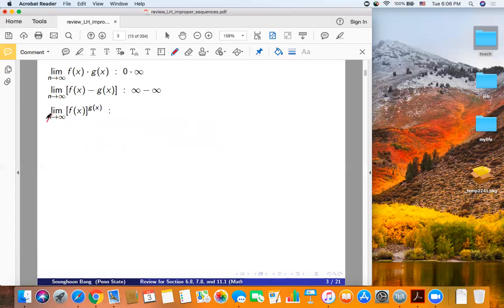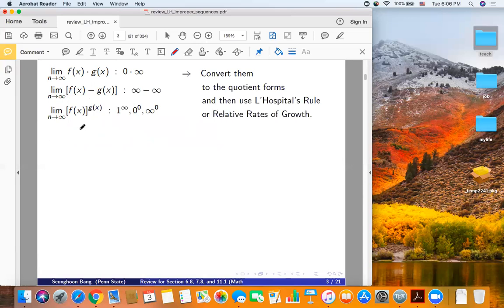As x approaches a, f of x to the g of x is 1 to infinity, 0 to 0, or infinity to the 0. So how can you solve these? Convert them to quotient forms and then use L'Hopital's rule. This is the idea, or use relative rate of growth.